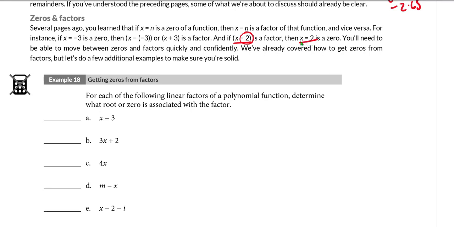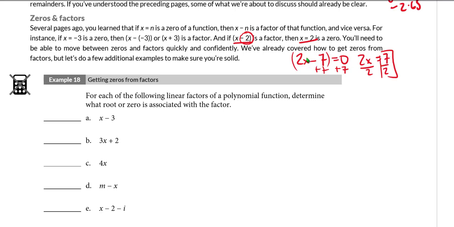We also talked about the fact that if we had something slightly more complicated like 2x minus 7, we could use the zero product property. If we know that 2x minus 7 is a factor of a quadratic and we want to know what value of x is the 0 that corresponds to this factor, we could just set the factor itself equal to 0 and solve for x, and we would get x equals 7/2.